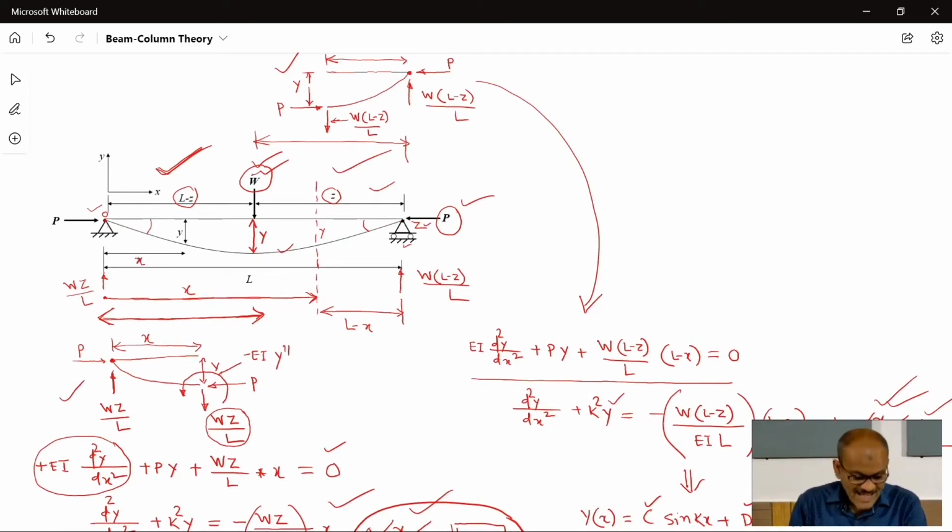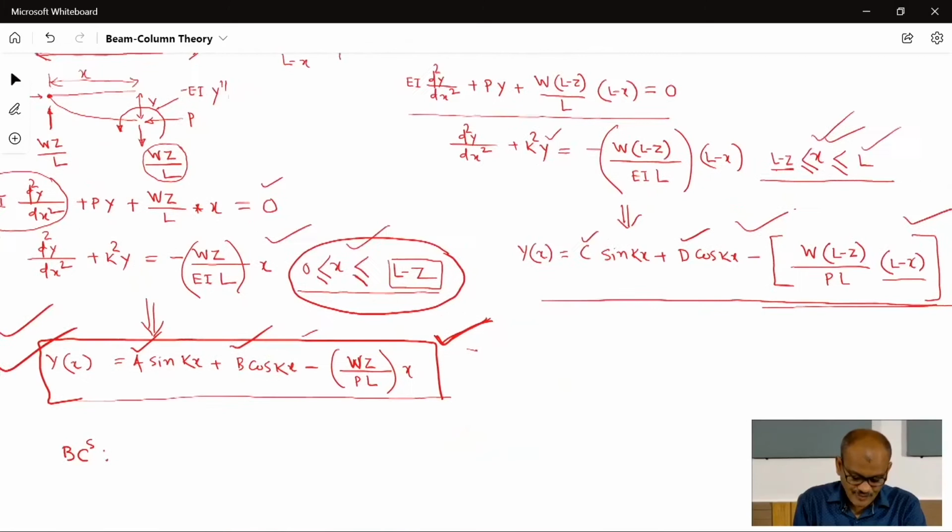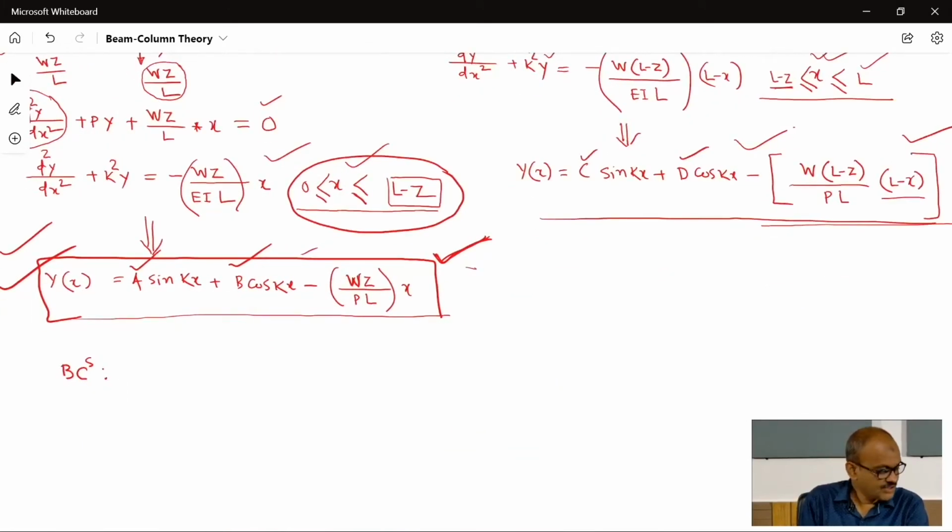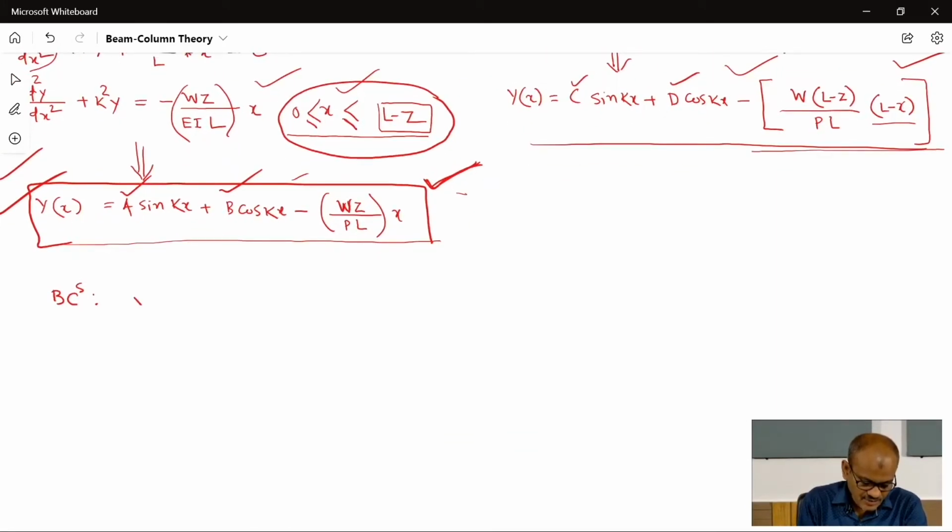So we can write another boundary condition to find these constants. The boundary condition: you can write y value at x is equal to 0 is equal to 0, and y value at L is equal to 0. So y at x is equal to 0 is equal to 0.